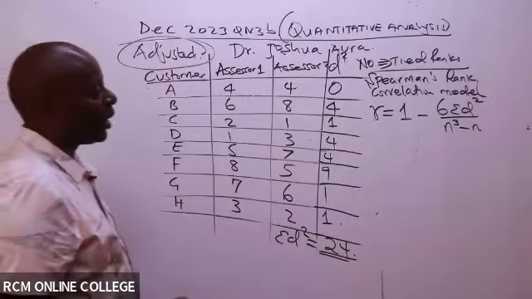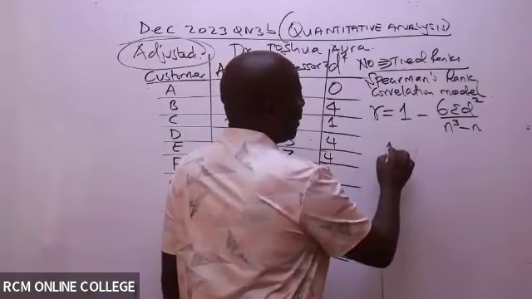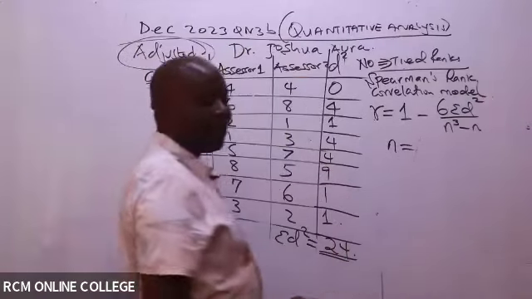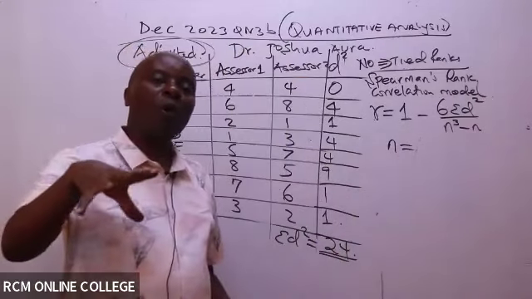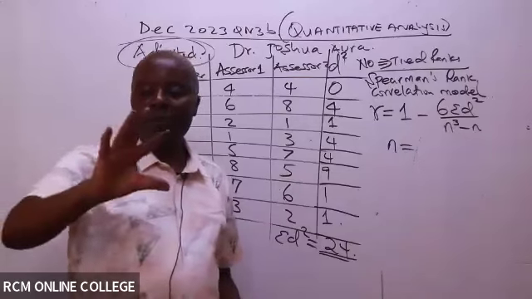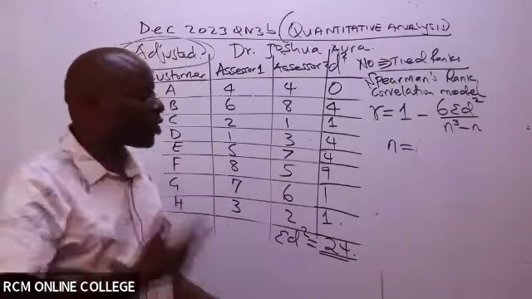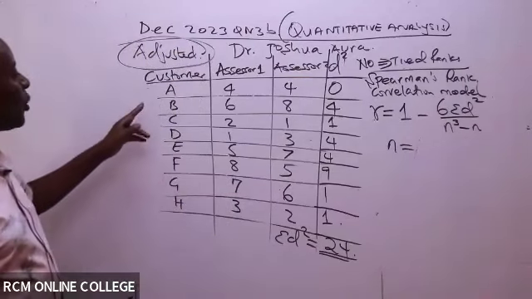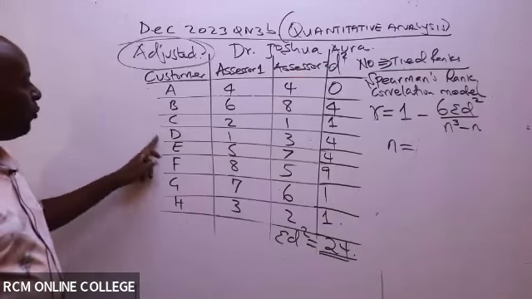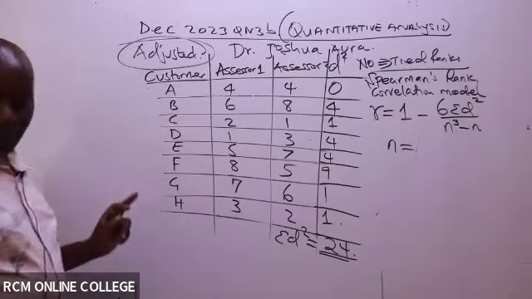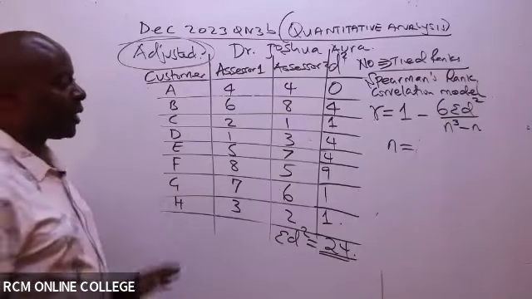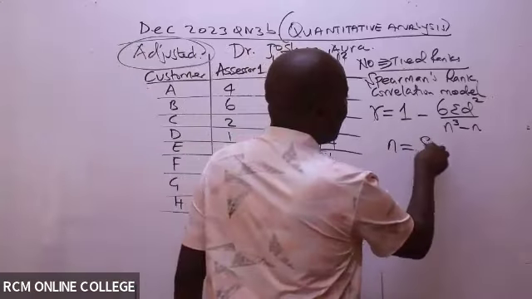And then, ladies and gentlemen, please go ahead and give me this n. N now becomes the number of participants, the people who are being judged, the people who are being ranked, the customers in this case. So how many customers do we have? 1, 2, 3, 4, 5, 6, 7, 8. Do we have 8 customers? 8 customers. So my n is 8.